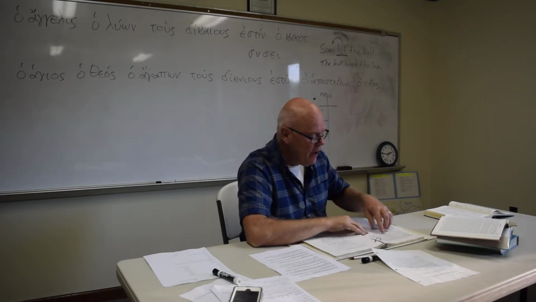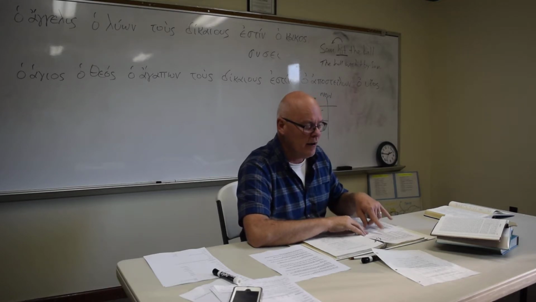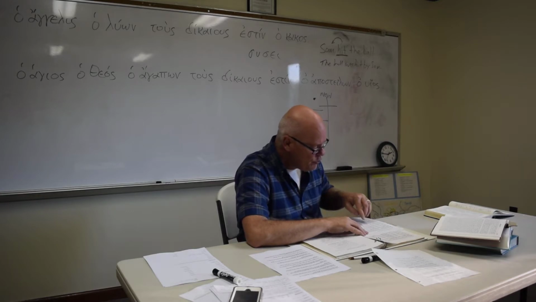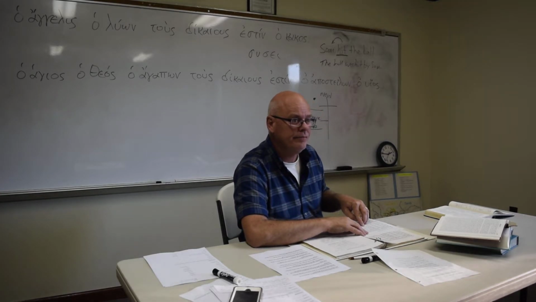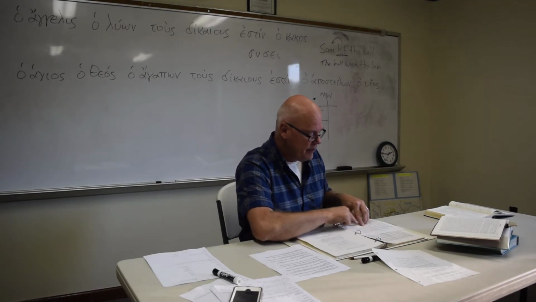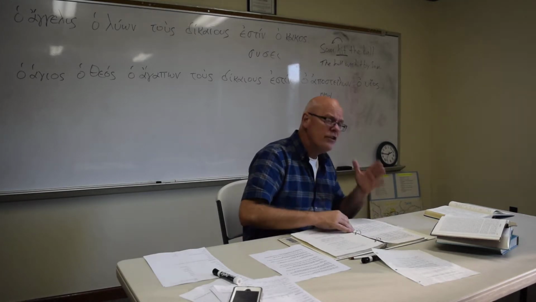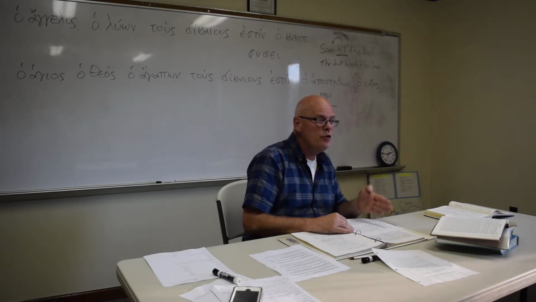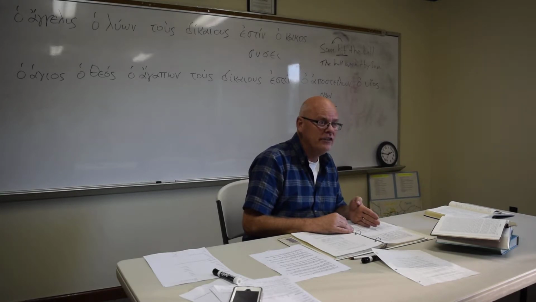In your active, you have a kappa, but in the middle, you do not have a kappa. That's the difference there. But don't worry, because you still have the reduplication and the augment.